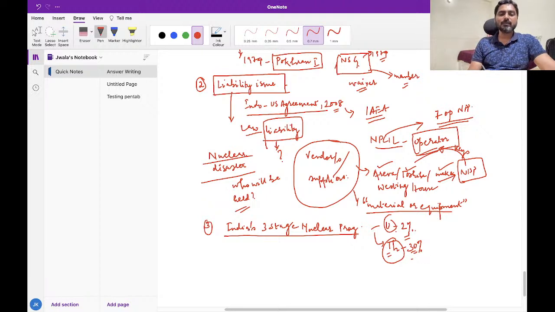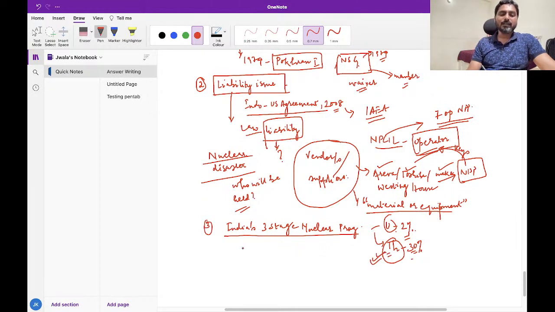So India has what is called 3 stages of nuclear program. We'll move from the first stage where we'll be using uranium, then in the second stage we'll be able to convert thorium into some other material which can be used as a fuel. Then in the third stage we will actually be able to use thorium.